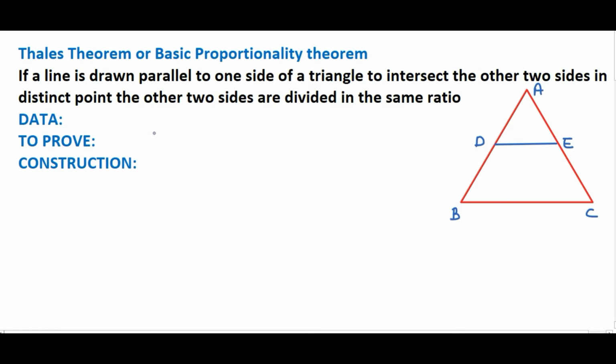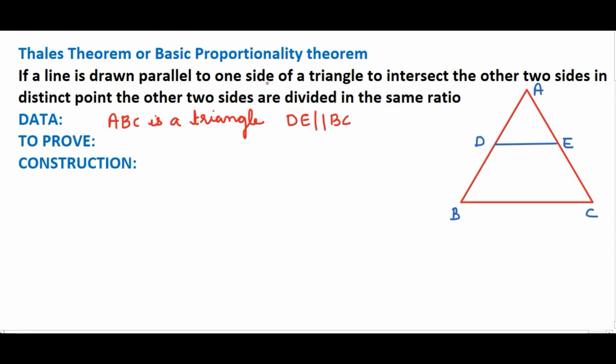So our data is, ABC is a triangle in which DE is parallel to BC. That is the thing they have given.